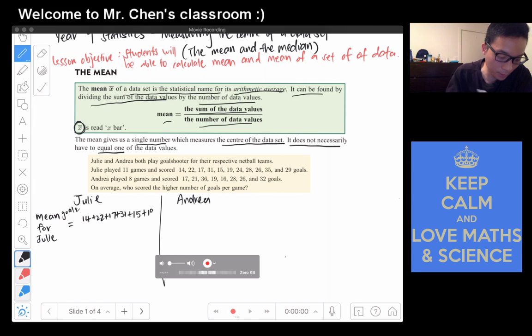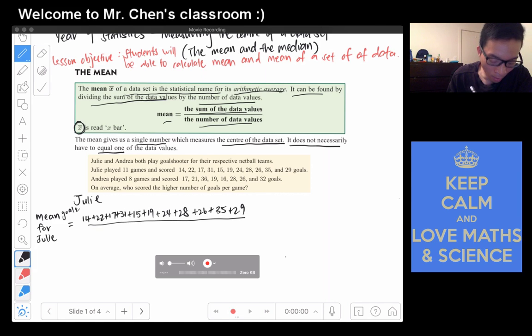Remember, when finding the mean, you don't need to arrange the data, because you're going to add them all up anyway. Once you add them up, you divide by the number of games, because that's how you find the average. Divided by 11.